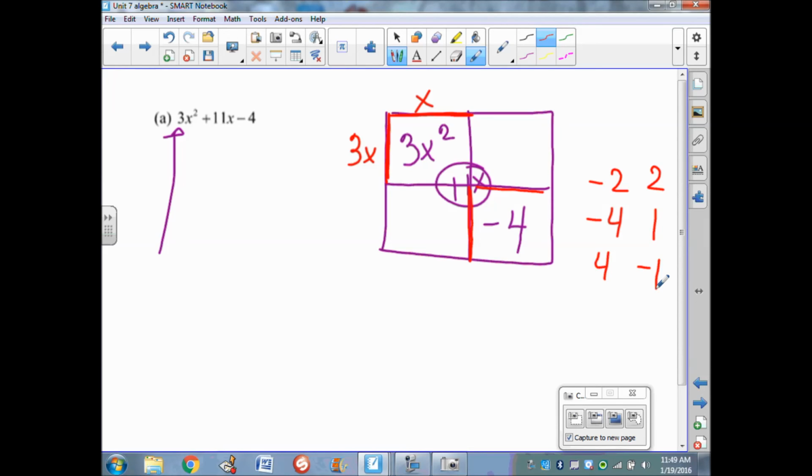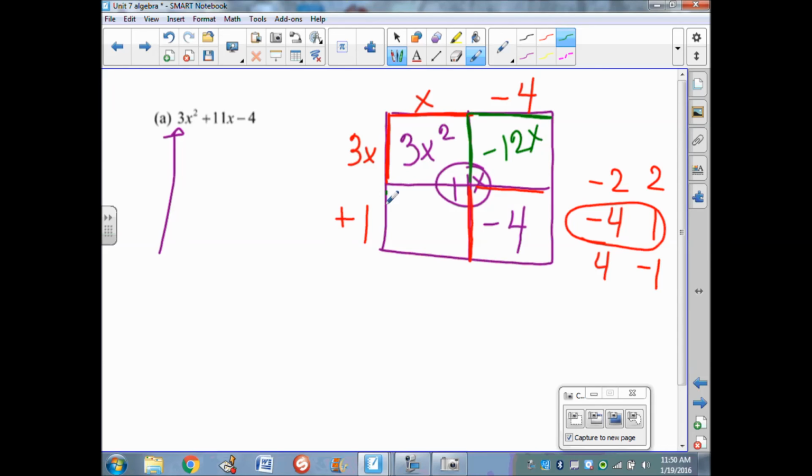It's guess and check. I don't know. I think I'm going to check. Watch, I'll probably end up picking the right one, and I don't want to right now. Let's try negative 4 and positive 1. Okay? So now let's see what this does. So what is this area then? So 3x and negative 4 is negative 12x.